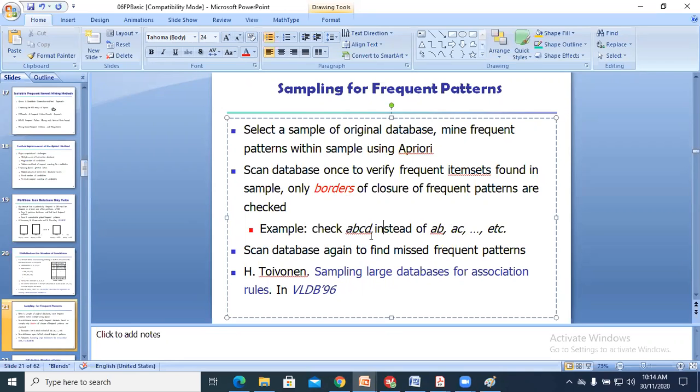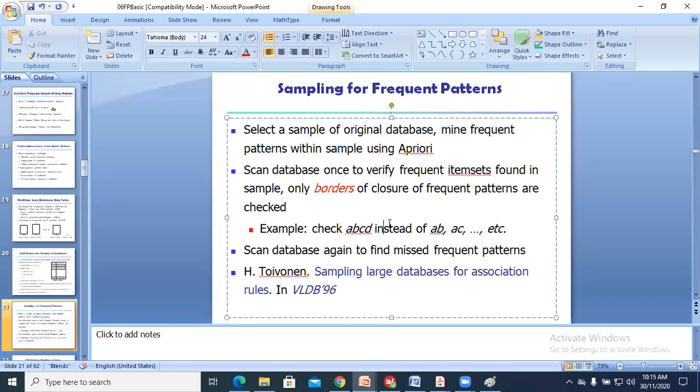If it is frequent, then all its combinations, AB, AC, and AD, are frequent. So we only check the border. And also, if it is infrequent, then all its sub-patterns are infrequent.